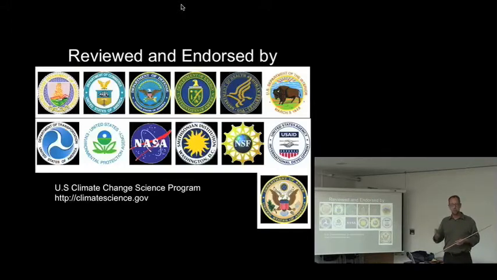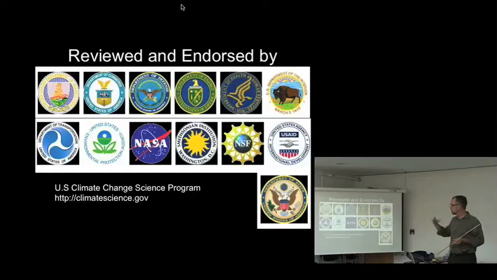And we feel like this was quite a breakthrough because there is the tendency to reinvent the wheel and create new programs that are all about Climate 101 and so forth, and that's fine, but at the same time it would be nice to have one document that was officially stamped with approval from all these different agencies.